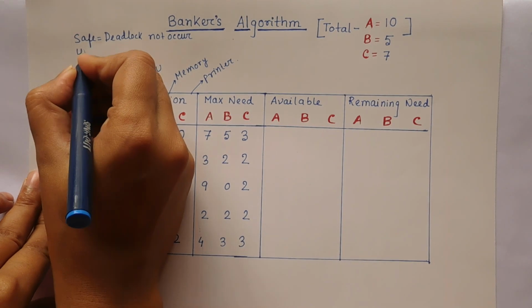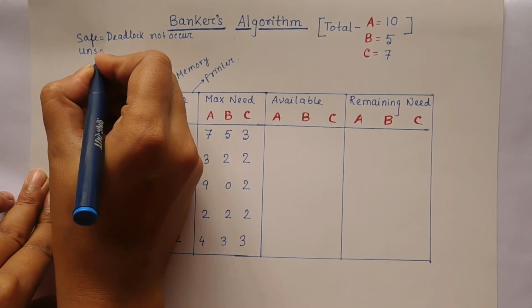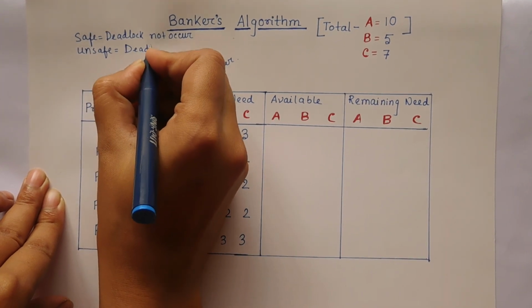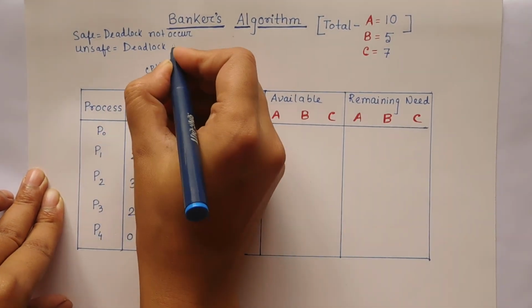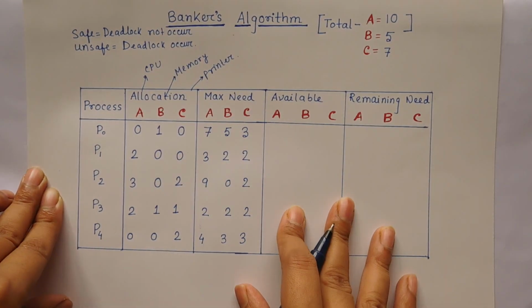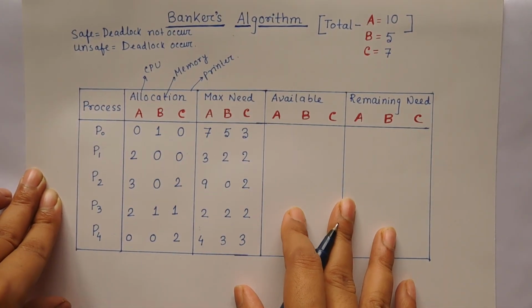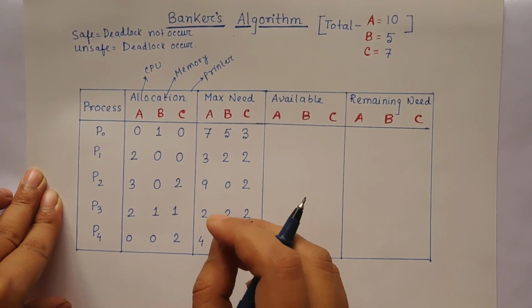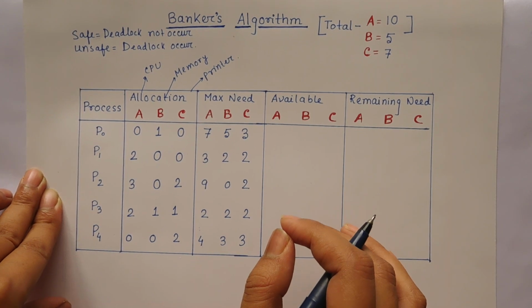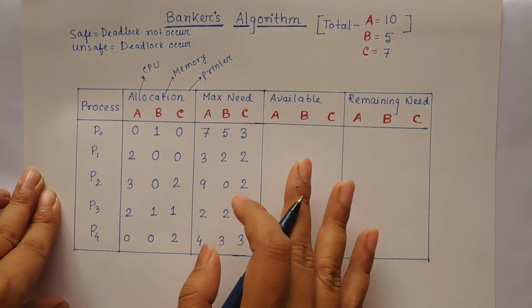And an unsafe state is when deadlock occurs. So this algorithm determines this, and if the system is in a safe state, meaning deadlock does not occur, we find this.